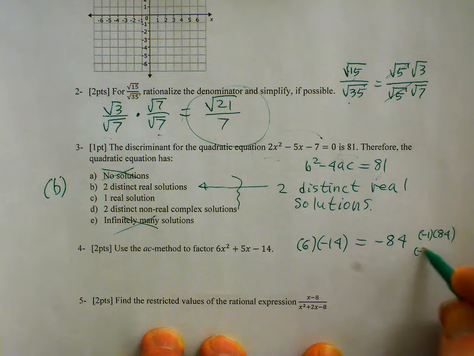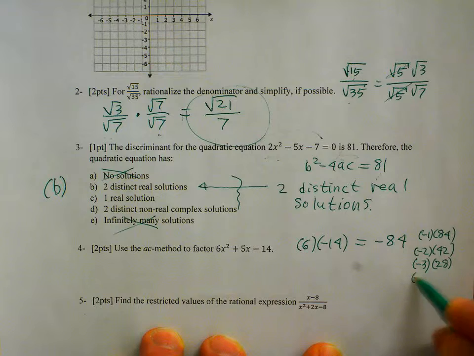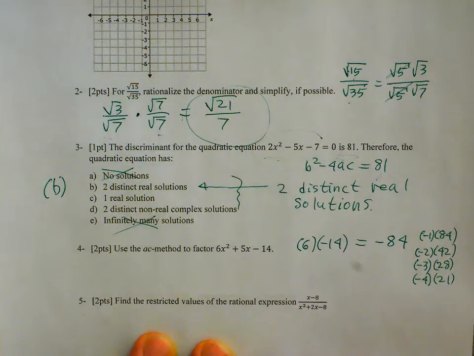Then negative 2 times 42, those add up to 40. Negative 3 times 28. Negative 4 times 21. We're getting closer. Negative 5 is not a solution.